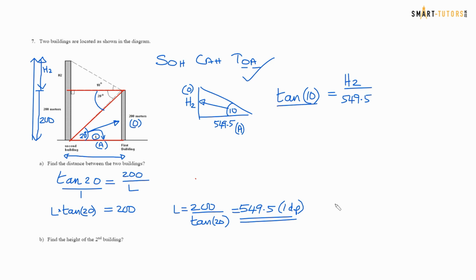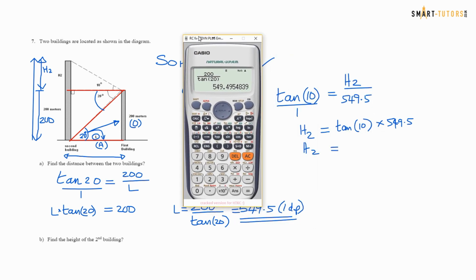And cross multiply. So H2 times 1 is H2 equal tan 10 times 549.5. So H2 equal, that is the answer.